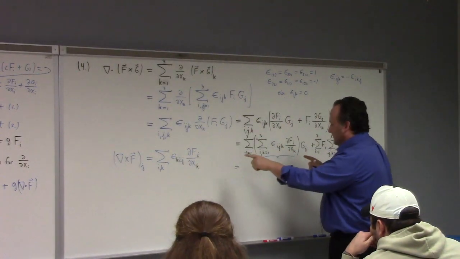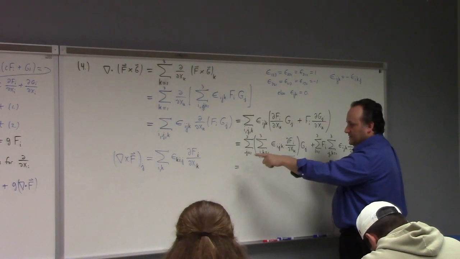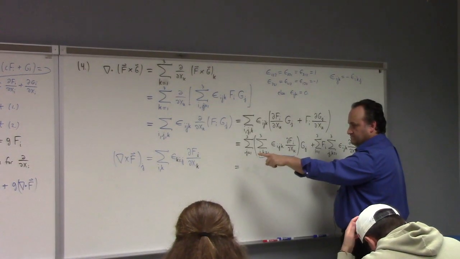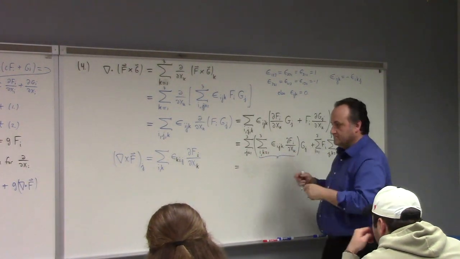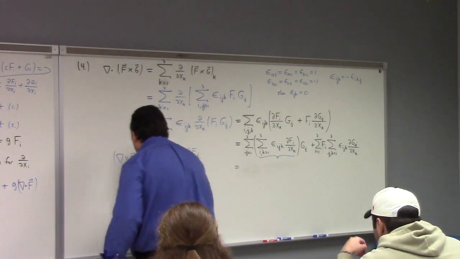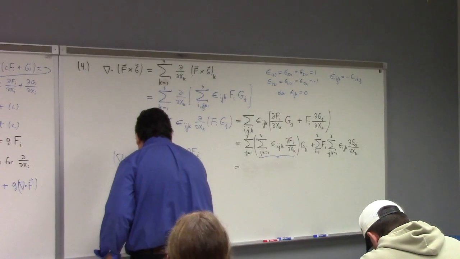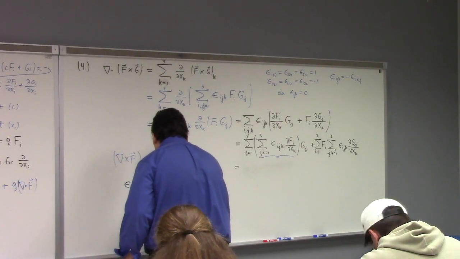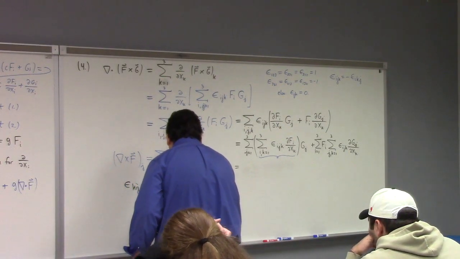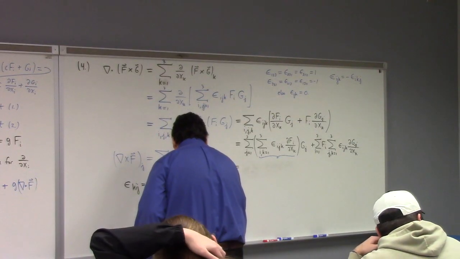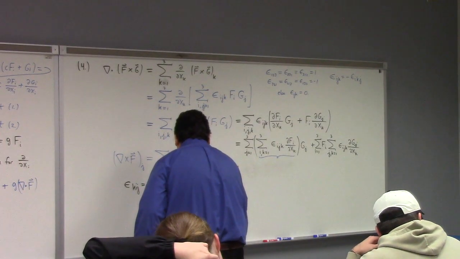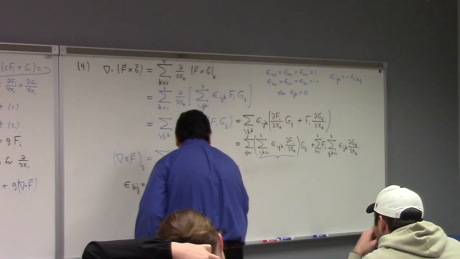So what's the deal? To get from ijk to kij, what do I have to do? Epsilon kij is equal to minus epsilon ikj, which is equal to minus minus epsilon ijk.